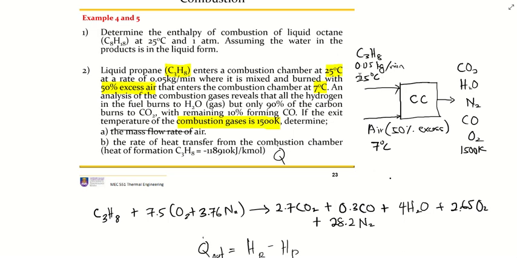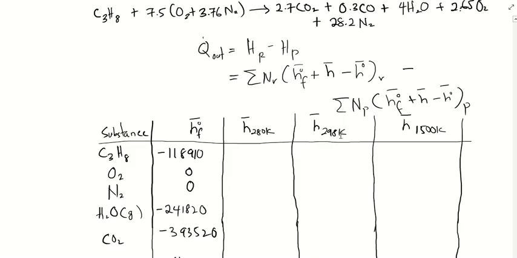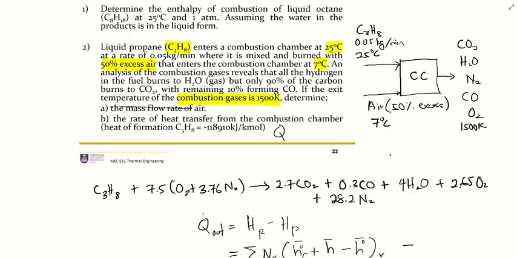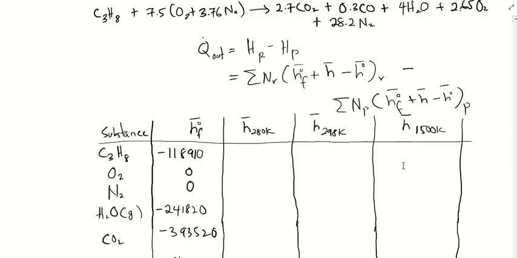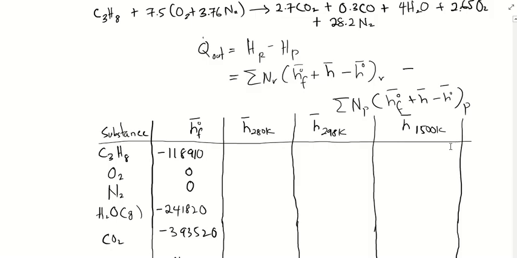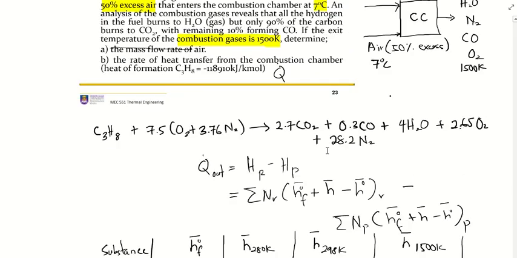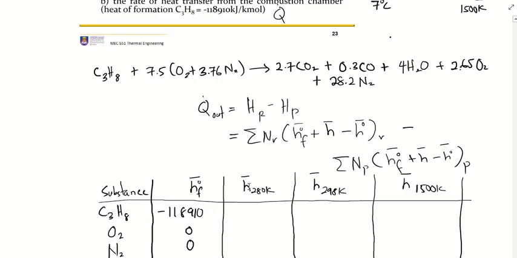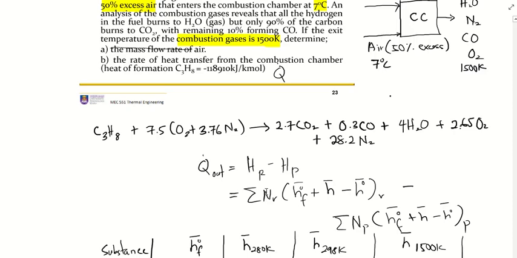Okay, so 25 degrees C means 298 Kelvin. Air is 280 Kelvin, and then the product is 1500 Kelvin.